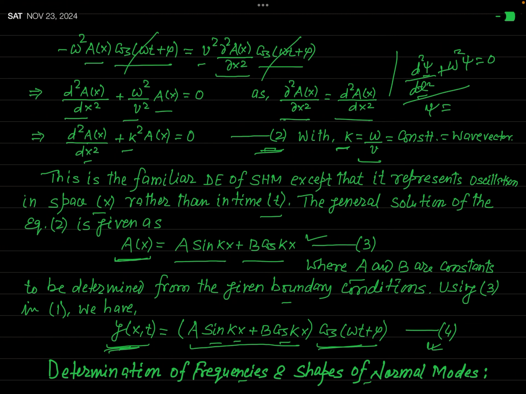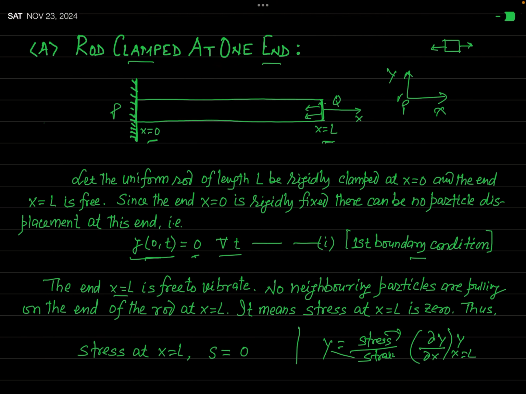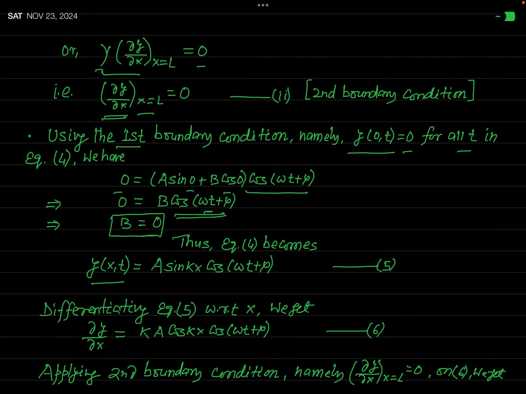Since b is 0, your result for y of x,t will be a times sin kx times cosine of omega t plus pi. This is the resulting equation for the displacement of the particles of the rod. But even now you don't know the value of a. You have no idea about a.